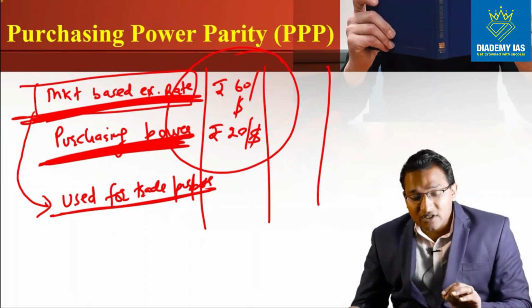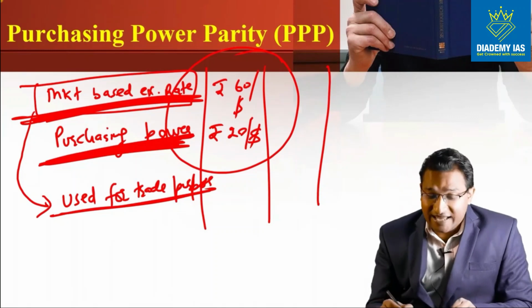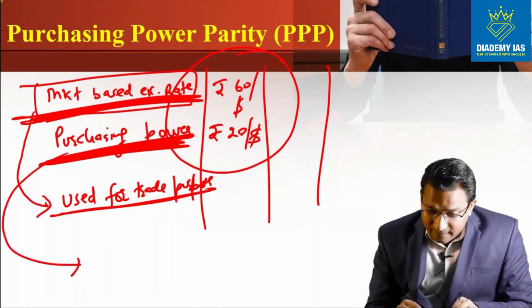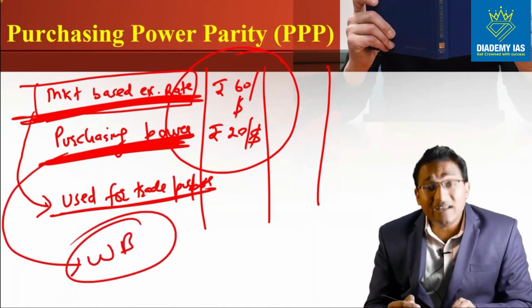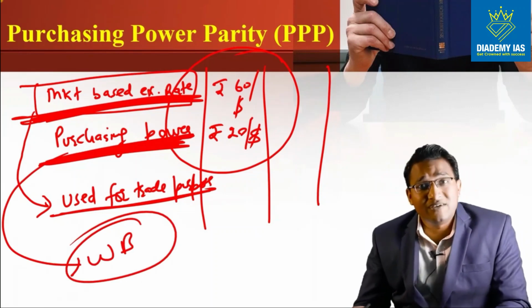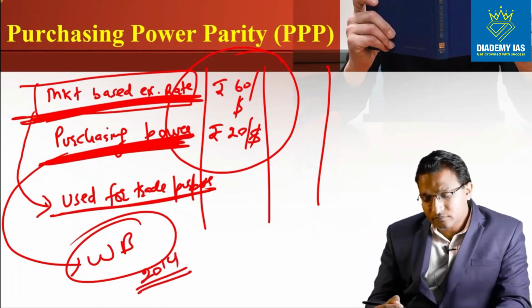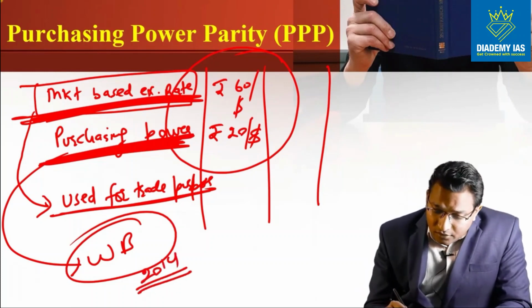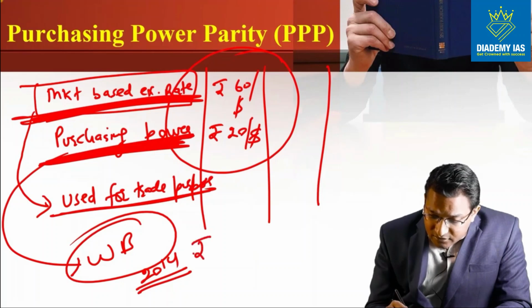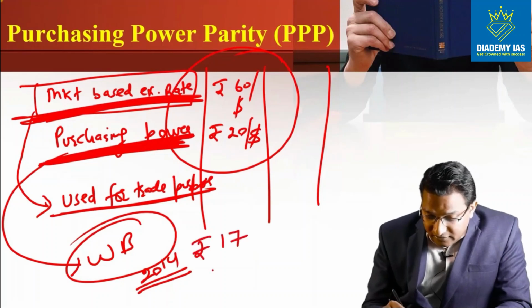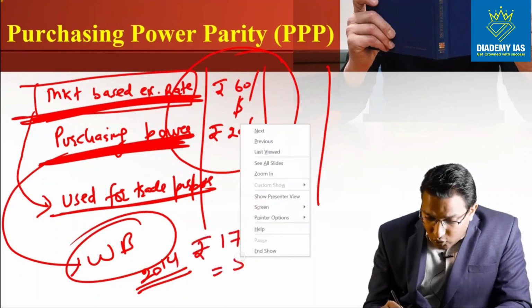That is why this purchasing power based exchange rate is calculated by the World Bank, right? The World Bank is the agency which is calculating this, and the World Bank says that in 2014, rupees 17 approximately is equal to $1.